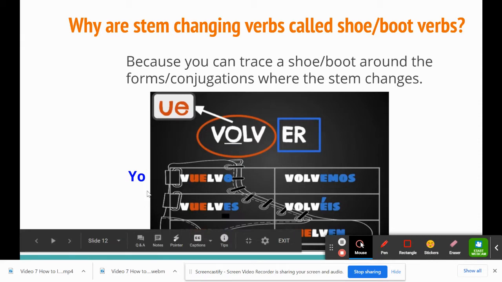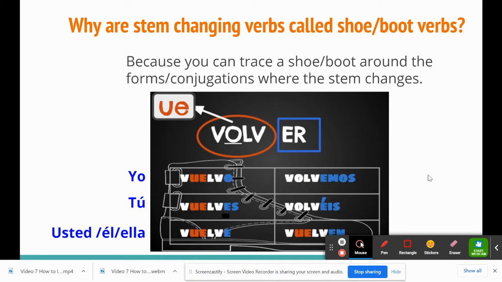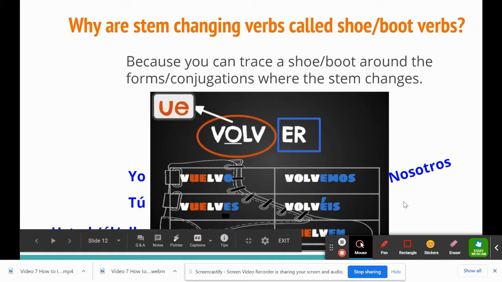So let's take a look. For example, yo vuelvo, tú vuelves, usted, él, ella vuelve. Now let's take a look at nosotros and vosotros.